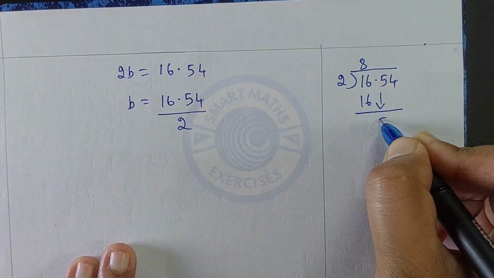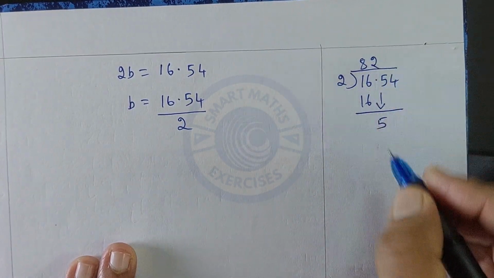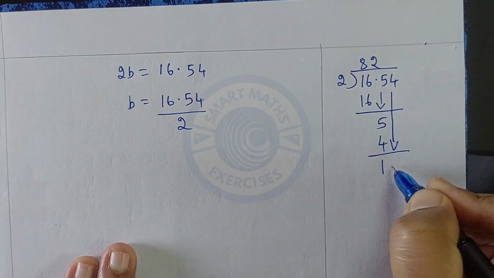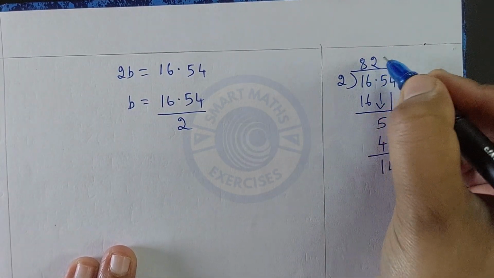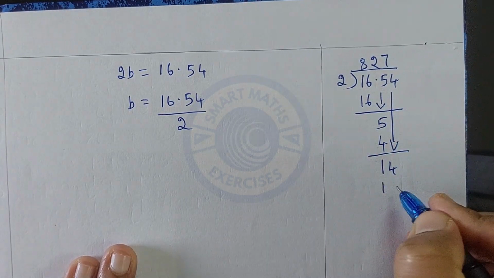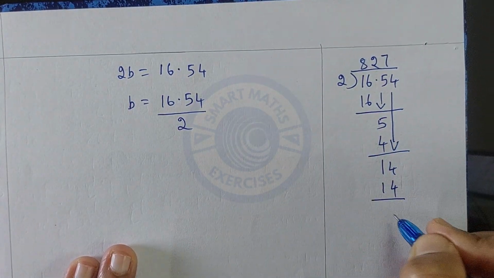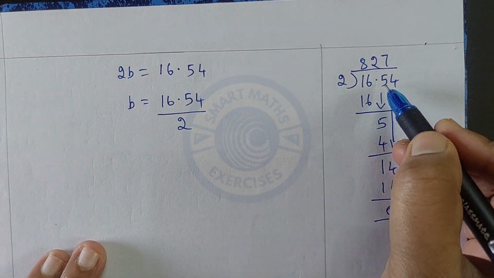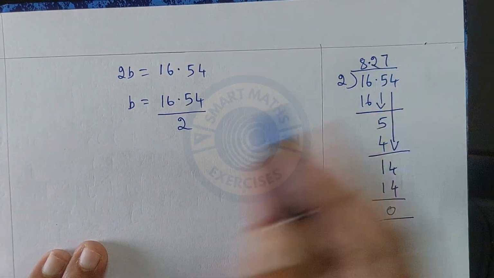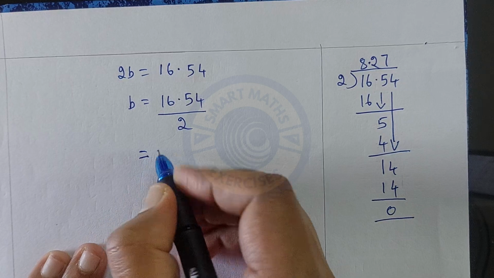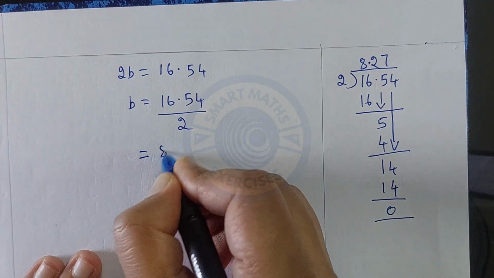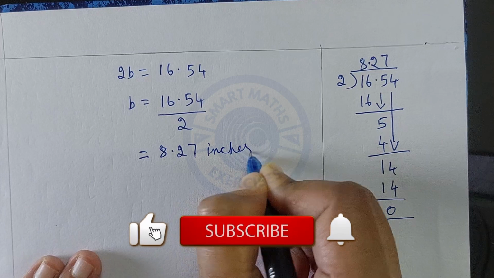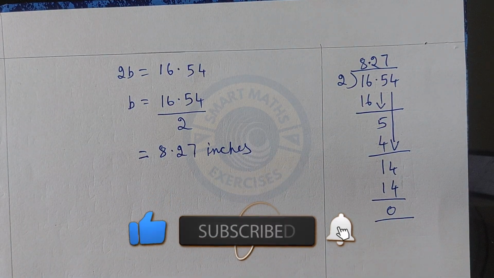Bring down 5. 2 2s are 4. 5 minus 4 is 1. Bring down 4. 2 7s are 14. 14 minus 14 0. There is decimal point after 2 digits. So answer is 8.27 inches. Thank you. See you in the next video.